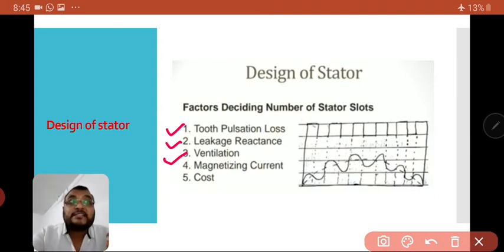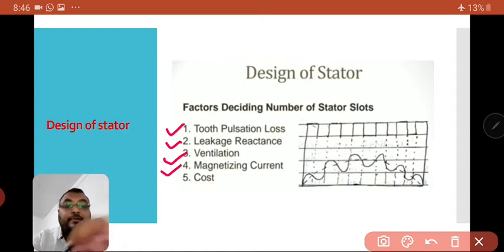So with a larger number of slots, the thickness of the teeth becomes smaller, and the teeth may become mechanically weak, and they may have to be supported at the radial ventilating ducts by building T or I sections. This obstructs the flow of air in the ducts, thereby impairing the cooling. This is the role of ventilation, which affects the design of the AC machine.